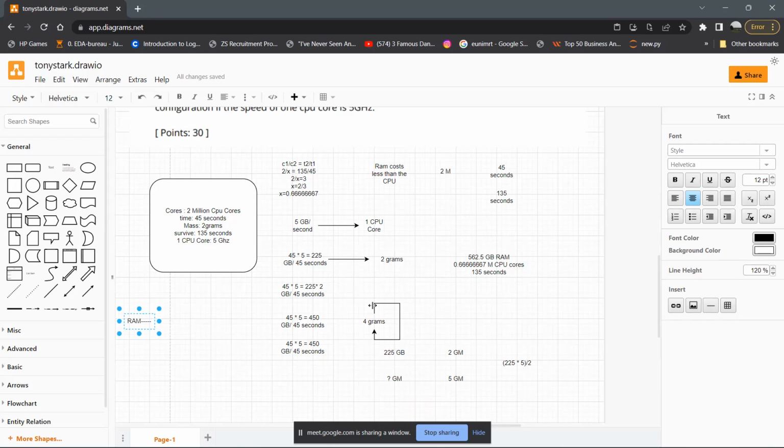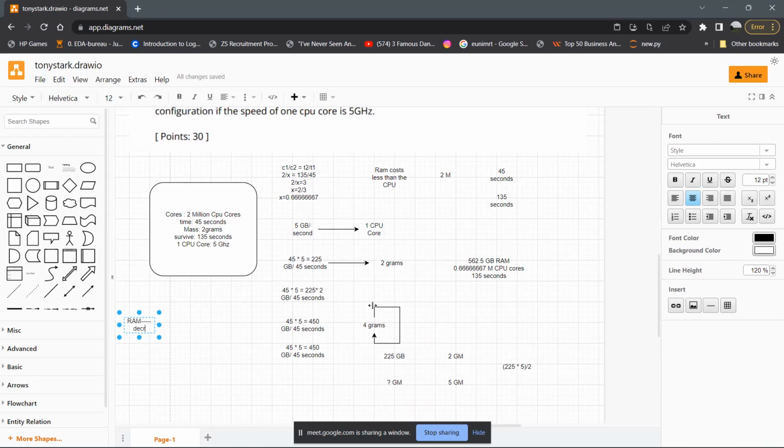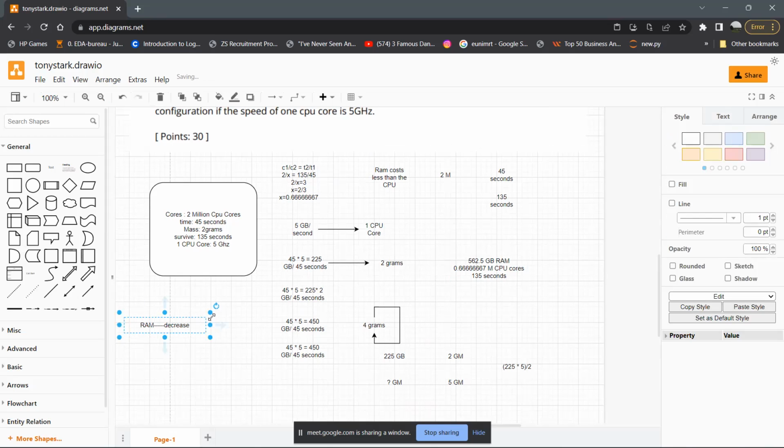Decrease. Yeah, decrease. Okay, why will it decrease? Because it's now faster, since there is more RAM for it to transfer or process the data, which means it speeds up the time.